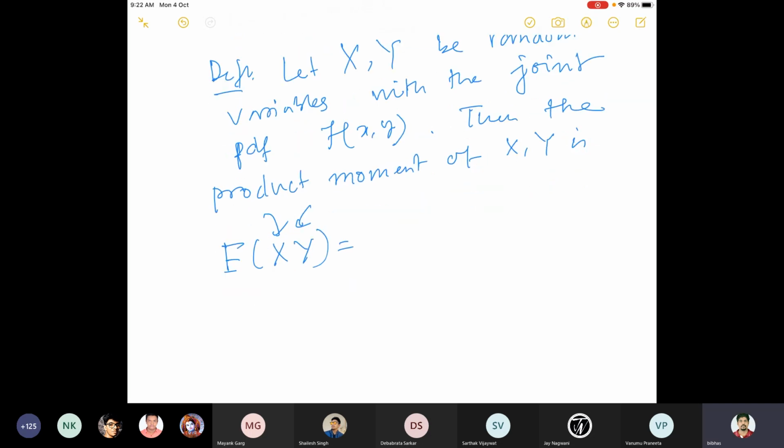It is the expected value of the product of the random variables. You can consider this a new random variable W, a product of two random variables. So it is the same definition. Can anybody guess how it should be defined? Let's say this is W. Then how is the expected value defined for a random variable?